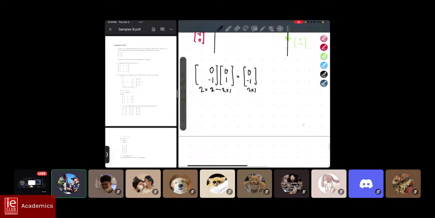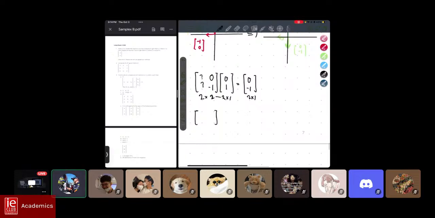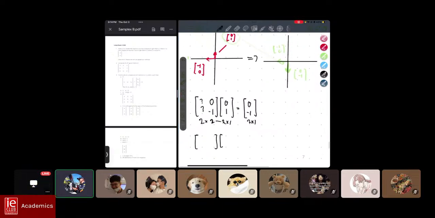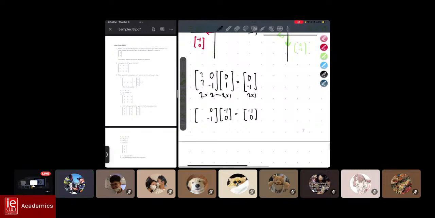Now, this is still unknown. So, let's move on to the next vector, which is yung di nagbago. Negative 1, 0 became negative 1, 0. So, 0, negative 1. Okay, now let's multiply. Negative 1 and 0 multiplied here. We want negative 1 to be multiplied with something such that negative 1 yung lalabas.